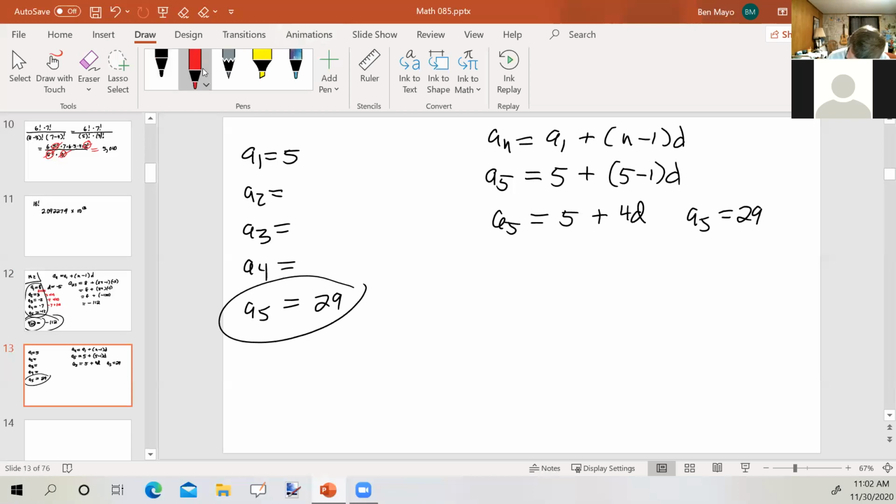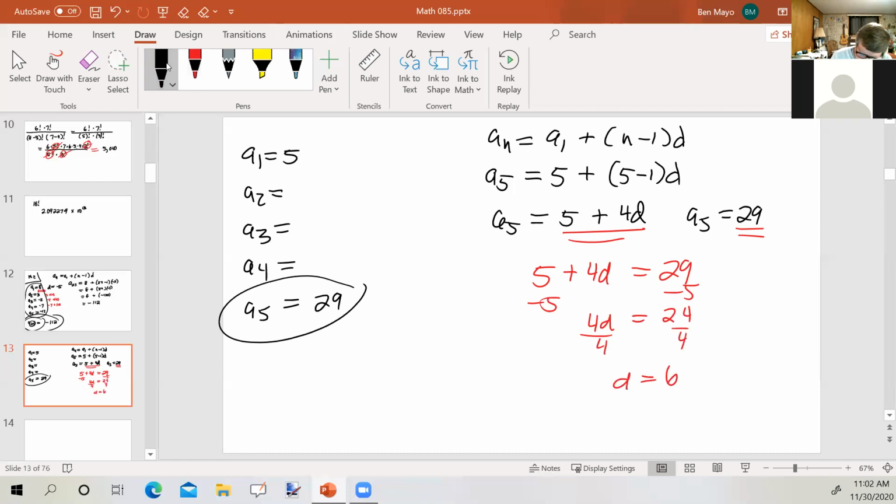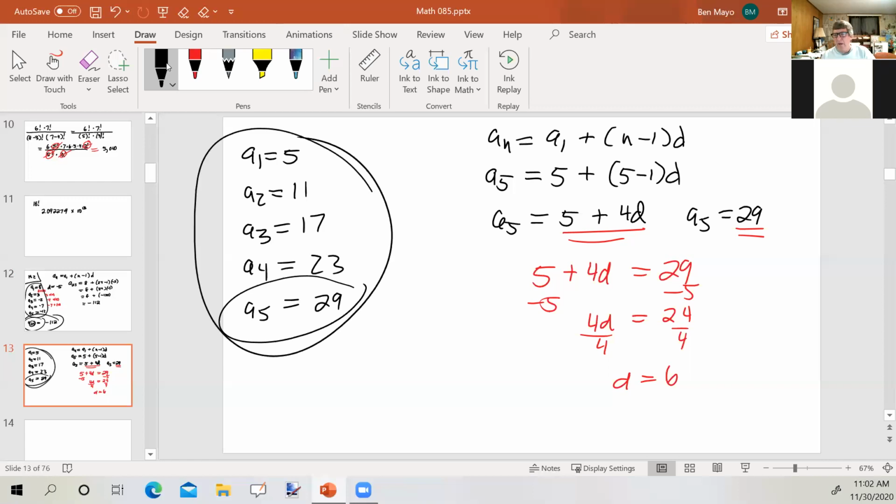So our equation becomes 5 plus 4d equals 29. Then if we subtract 5 from both sides, 4d equals 24, divide by 4, d equals 6. 5 plus 6 is 11, plus 6 is 17, plus 6 is 23, plus 6 is 29. And there we have our 5 terms.